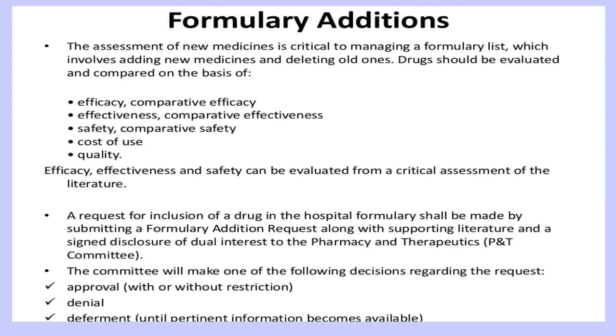Based on everything, we have to keep reviewing the drugs, and keep adding new drugs and deleting the old ones. Efficacy, effectiveness and safety can be evaluated from a critical assessment of the literature. So literature helps in evaluating the efficacy, effectiveness and safety of the drugs.